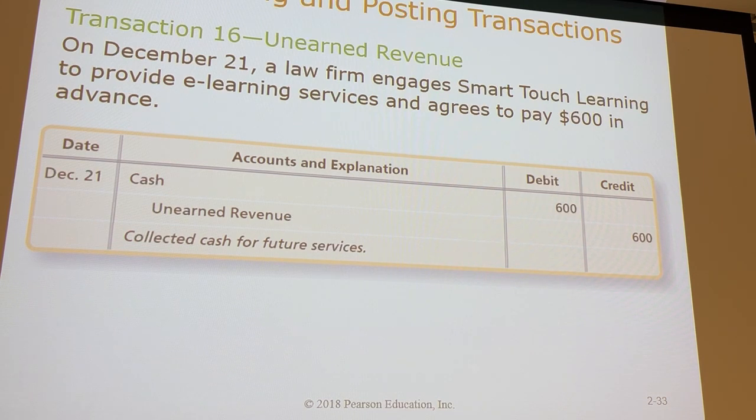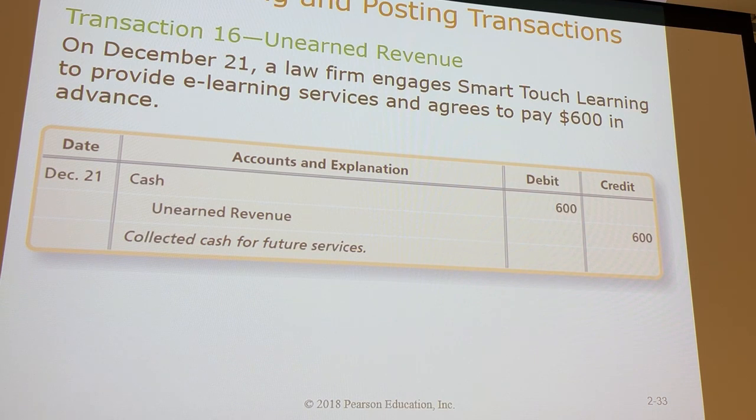Okay, on December 21st, a law firm engages Smart Touch Learning to provide e-learning services and agrees to pay $600 in advance. Okay, this is another topic that is going to come up in Chapter 3. If you haven't provided the services to the client yet, then you're not allowed to treat it as revenue, even if you've already collected the cash.